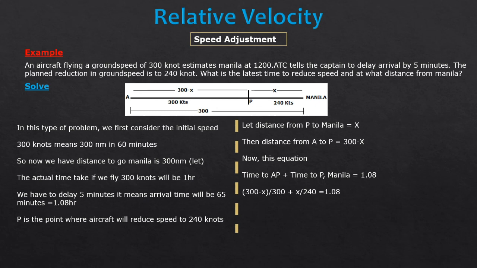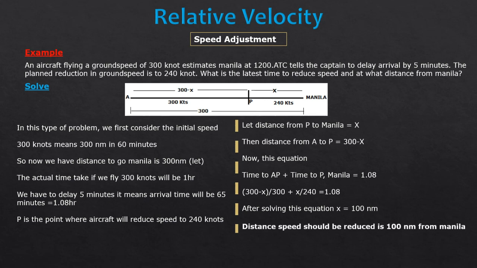Then plus x divided by 240 equals 1.08. After solving this equation, x equals 100 nautical miles. The distance at which speed should be reduced is 100 nautical miles from Manila.